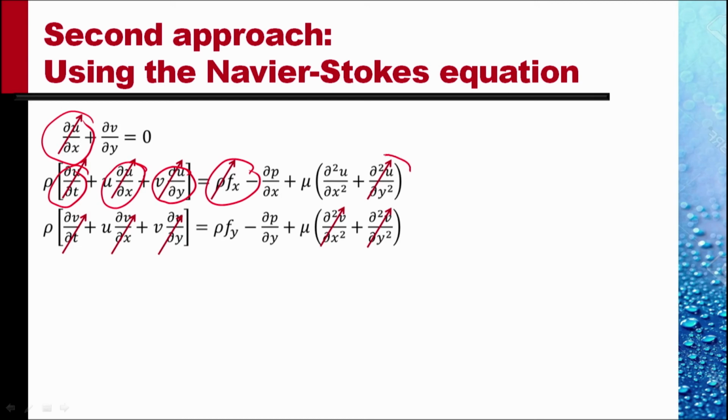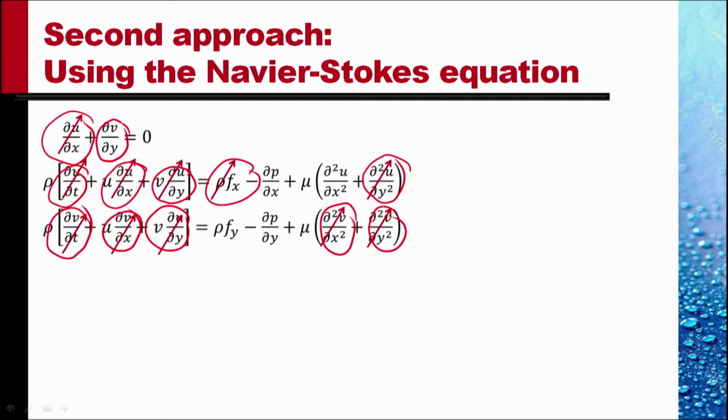This term disappears because u does not vary in the y direction. This term disappears because of the steady flow, or rather there is no v component of velocity. These terms also, because there is no component of velocity. Because del u by del x is 0, del v by del y is 0.